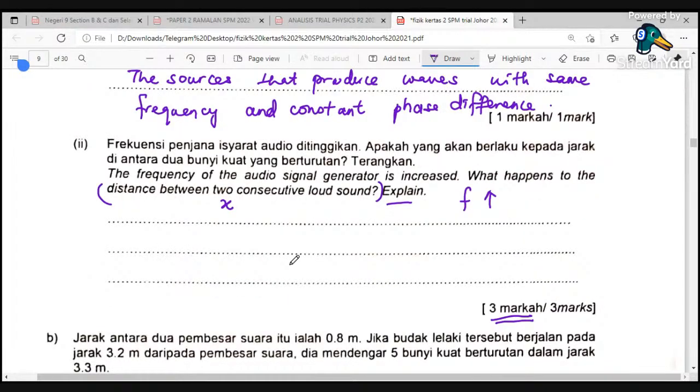Okay. So, what is the relationship between? Okay, as you can see for interference equation, we have this formula. x equals to lambda D over a. We can see the term f here, tak ada frequency. But we know relationship between f and lambda is inversely proportional. So means kita akan gunakan 2 point di sini untuk jawab.